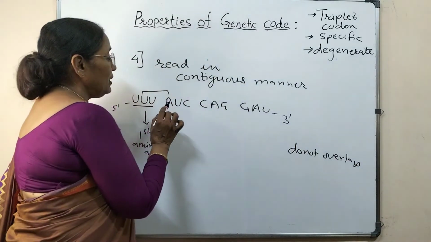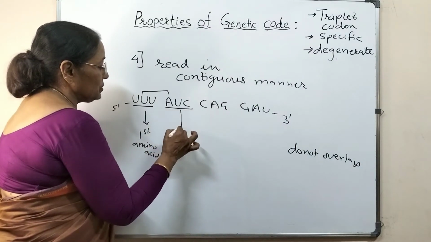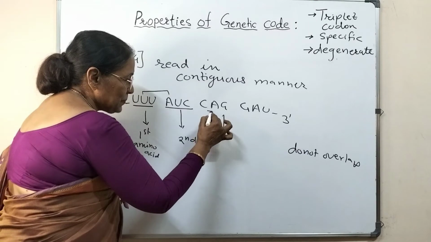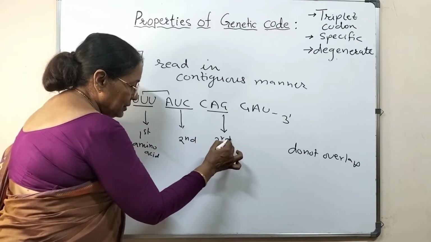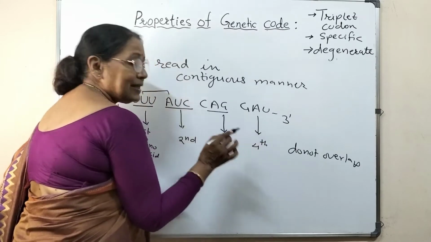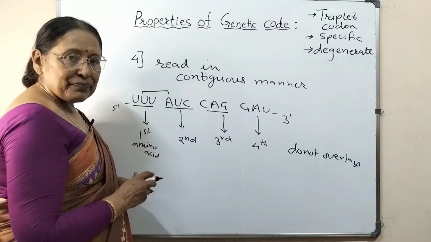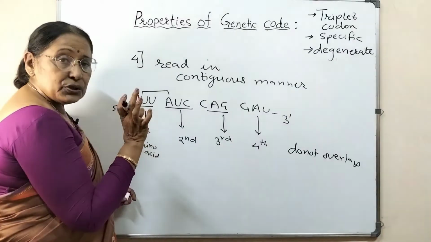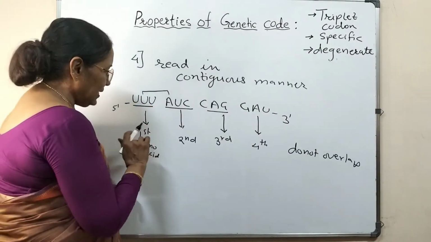So the next codon will be AUC. This will code for the second amino acid, this for the third amino acid and this for the fourth amino acid. That means they do not overlap. You must have noticed that there is no comma or full stop in between.